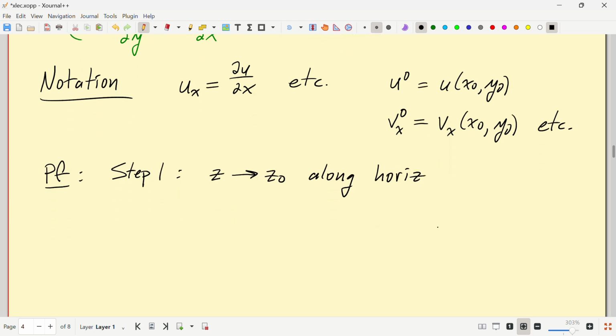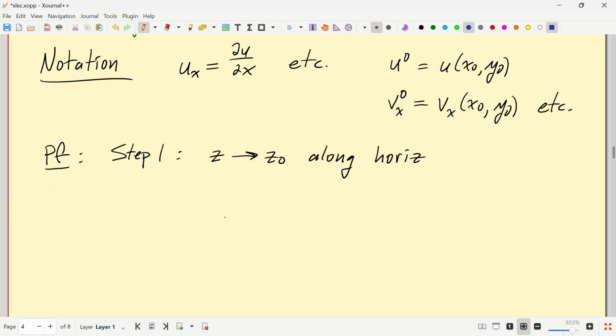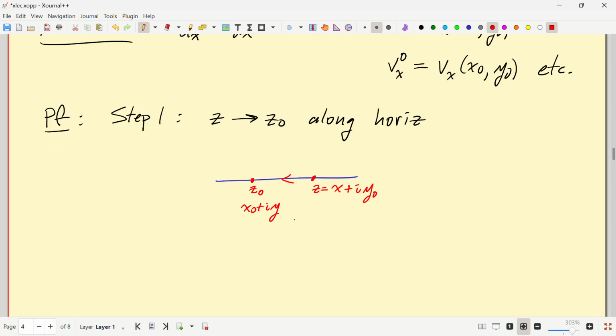Let's think about a picture here. There's a horizontal. Here's z naught. If I want to slide in horizontally, this would be z equals x plus i y naught. This would be x naught plus i y naught. So x would be bigger than x naught, and I'm going to let it slide into z naught like that. That's the plan.